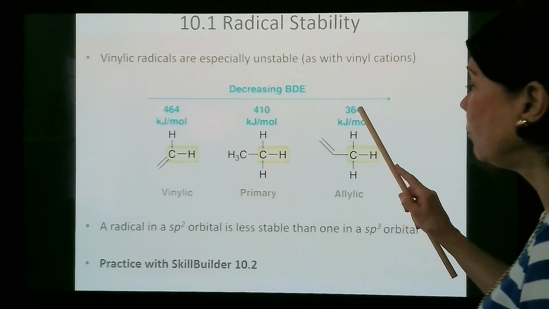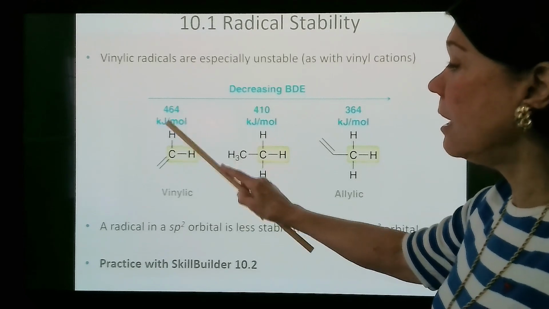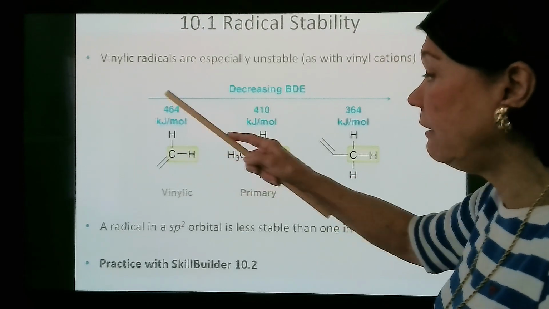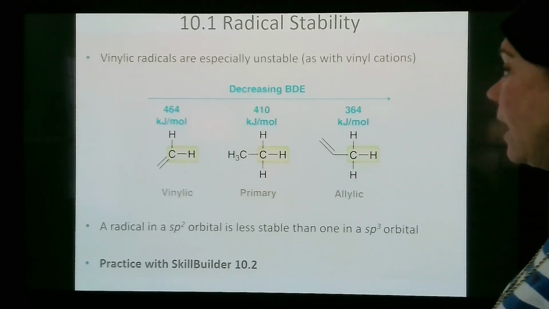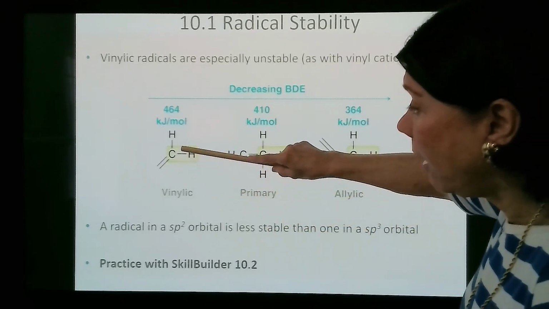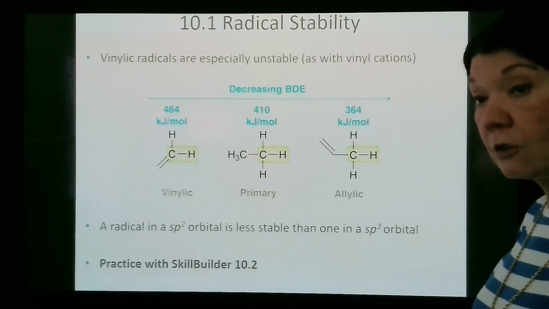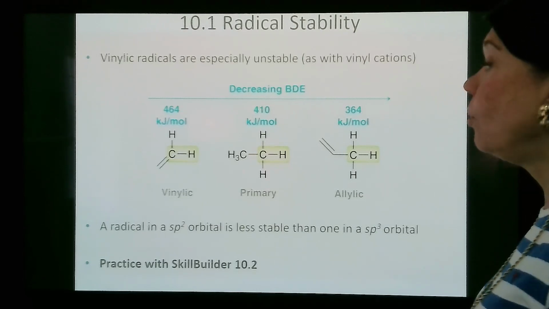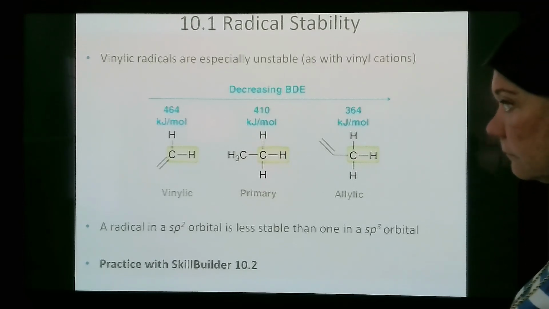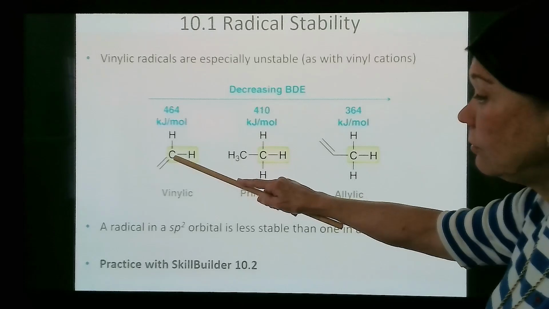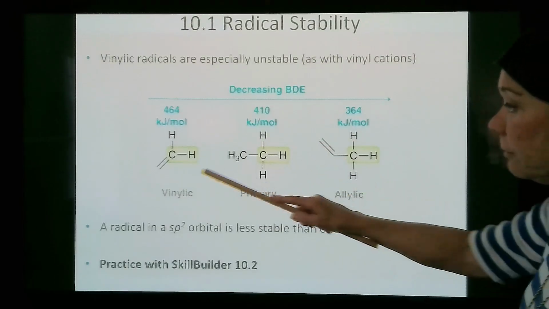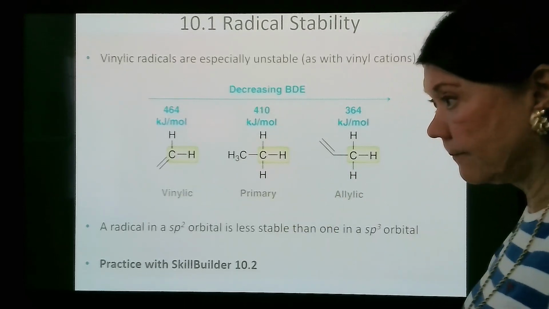Notice that these are both less than cleaving the bond to lead to the vinylic radical. So 464 has the highest energy because cleaving this bond would lead to the highest energy or the least stable radical in this group. So you don't want to confuse the vinylic radical and the allylic radical just because there's a double bond in both.